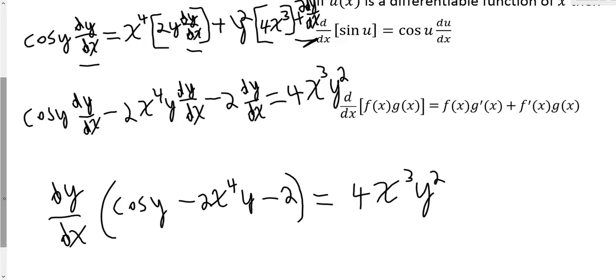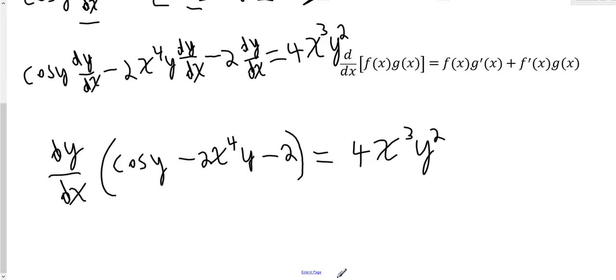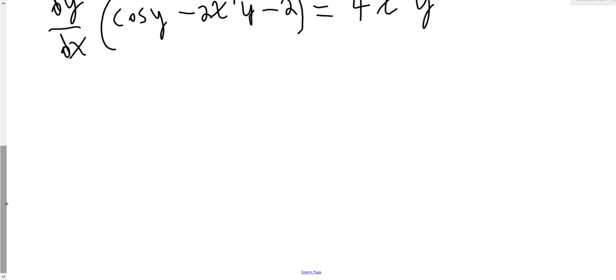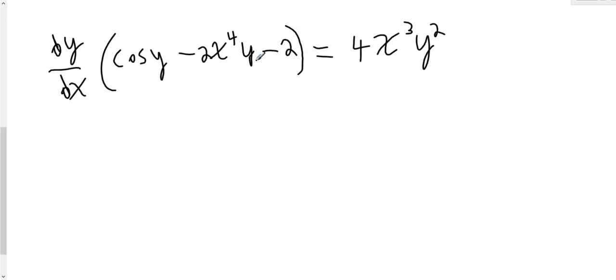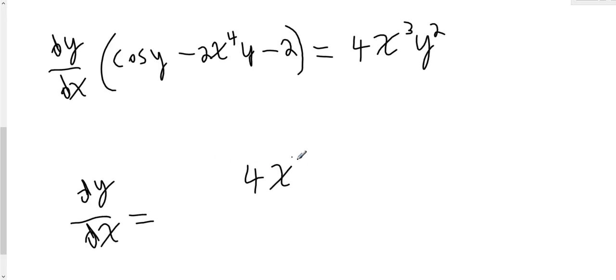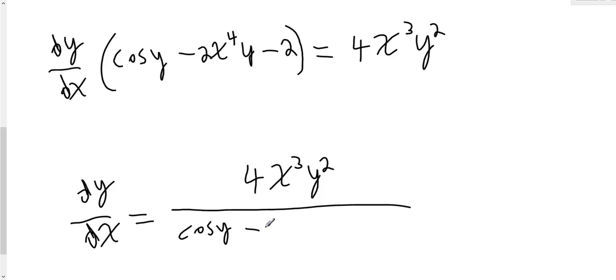And then all I have to do is divide both sides by cosine of y minus 2x to the fourth y minus 2, and I'll get dy/dx. So dy/dx here is equal to 4x to the third y squared, all divided by the cosine of y minus 2x to the fourth y minus 2. And that is the derivative of that function with respect to x.